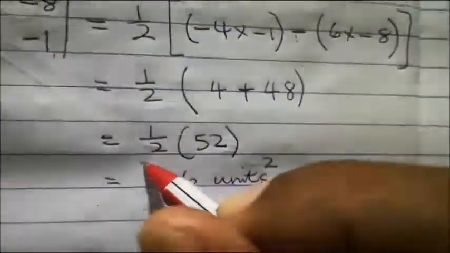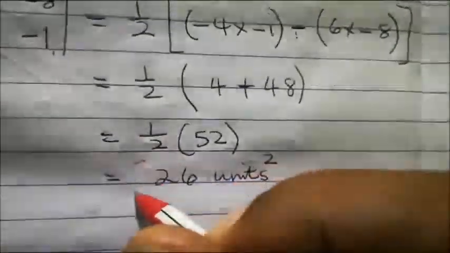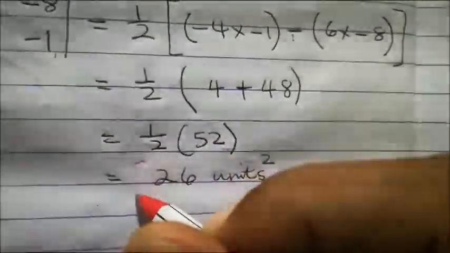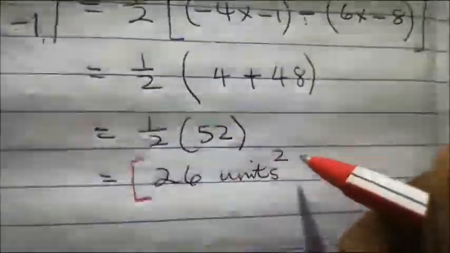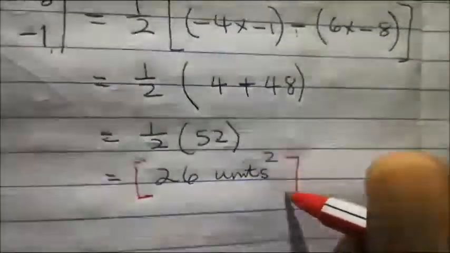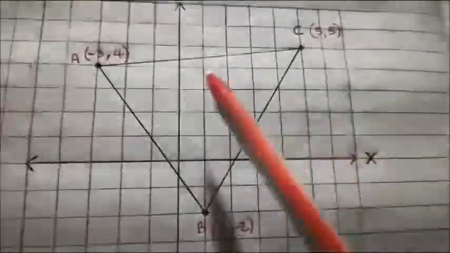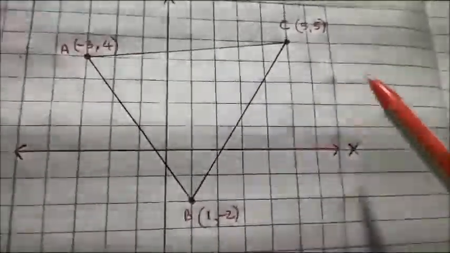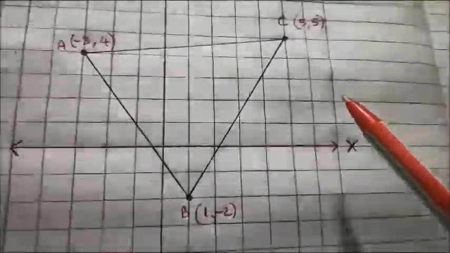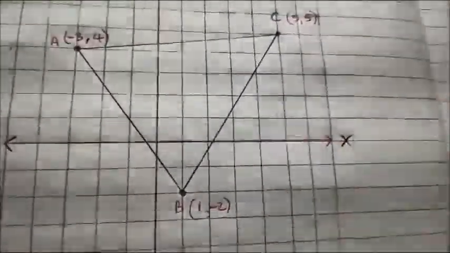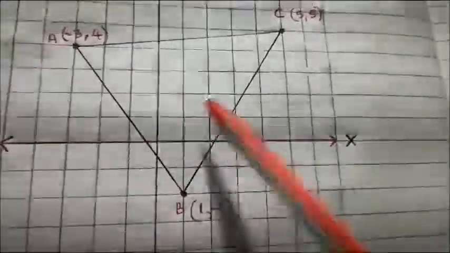So by applying this formula, we're able to find the area of this triangle, which is atypical. This is not the normal way to do it. Normally we'll be given half the base times the height, but it's not a right angle triangle, so it becomes a little difficult to find it that way. There are other ways to find the area of the triangle apart from this method.